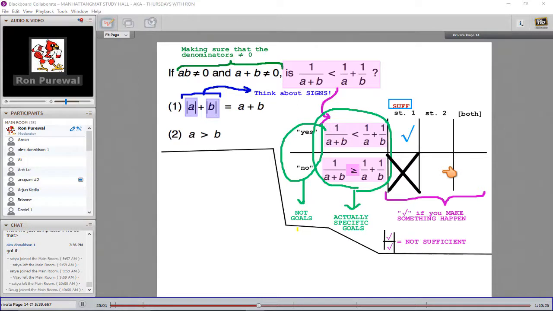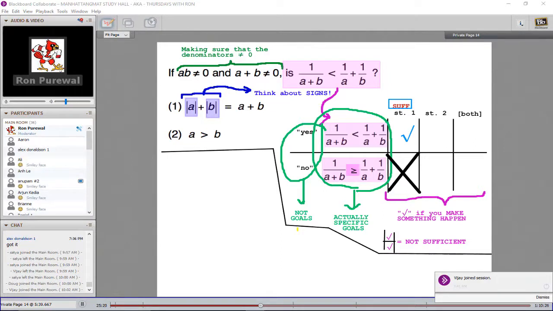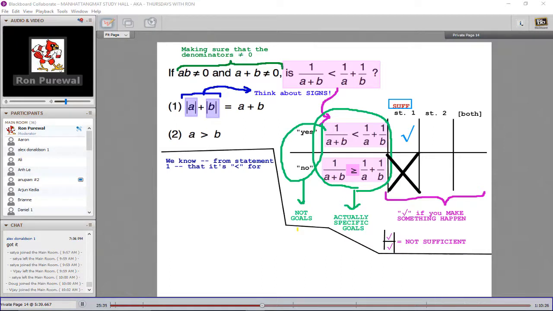So when we investigate statement two, we know for sure that we need to try negatives because that is going to be the only way we could possibly check this box. I mean, give me a smiley face if that makes sense. Like we discovered from statement one, it's going to be less than for all positive numbers if A and B are both positive.